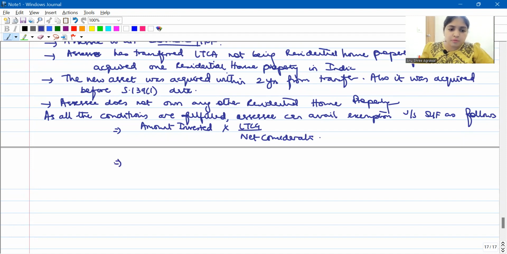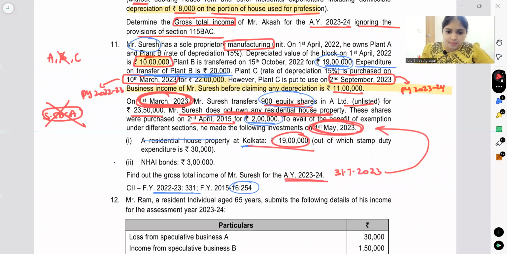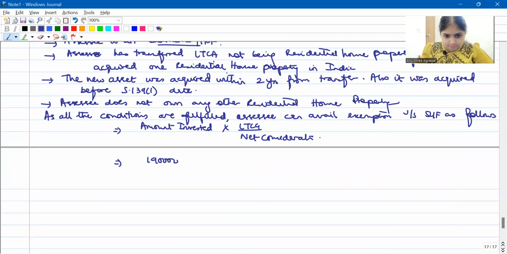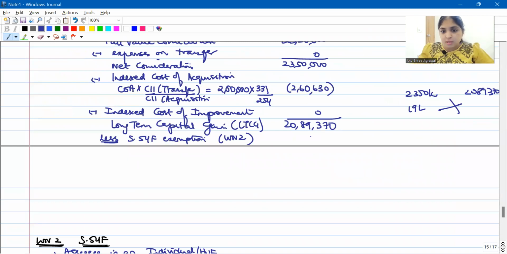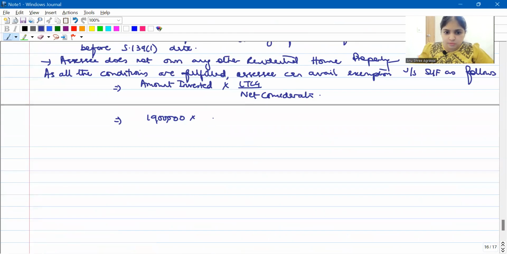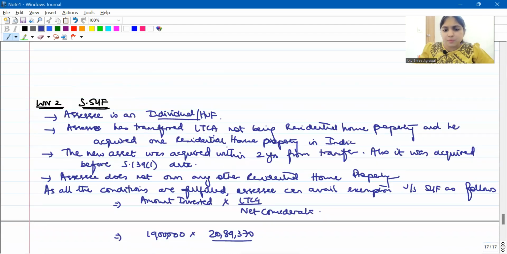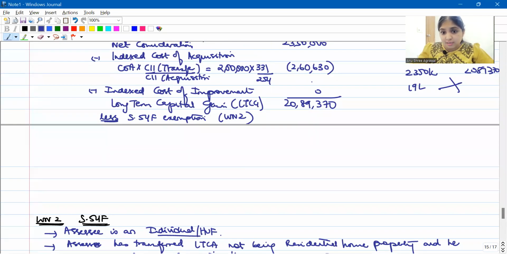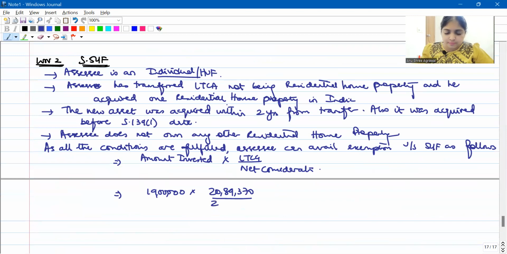So, how much amount did we invest in the new property? 19 lakhs. And what is our LTCG before exemption? 20,89,370 divided by what is our net consideration? 23,50,000. So do your math. What is the 54F exemption?